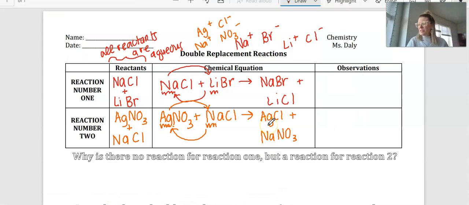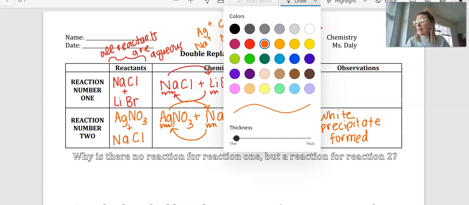So what we noticed from this reaction was that there was a white precipitate that formed, which we will redefine again, but we have talked about it. Unfortunately, or rather, I guess it's not that unfortunate.